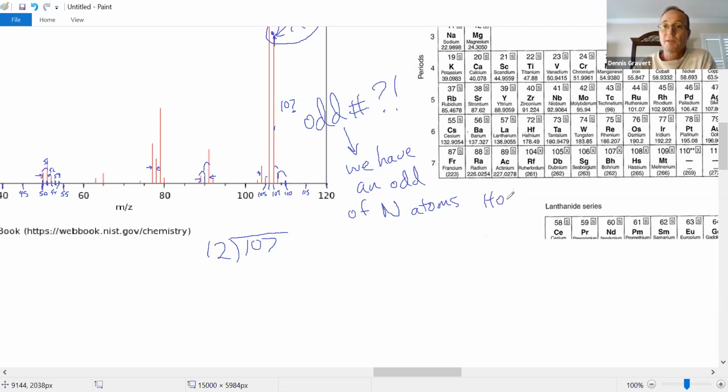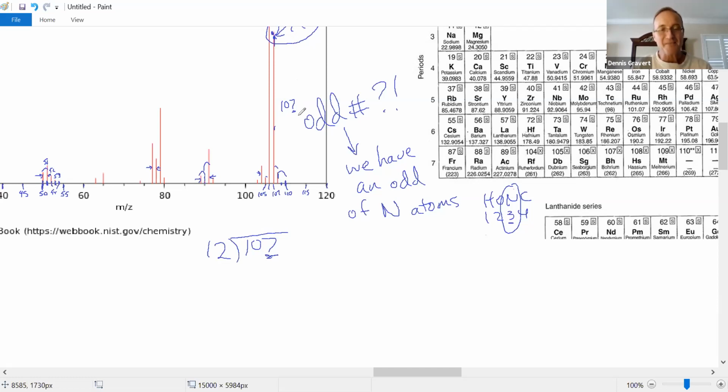So remember HONC, 1, 2, 3, 4. Nitrogen prefers 3 bonds. And oftentimes the nitrogen will bond to a hydrogen. It'll bring in an odd number of hydrogens, making for an odd molar mass.